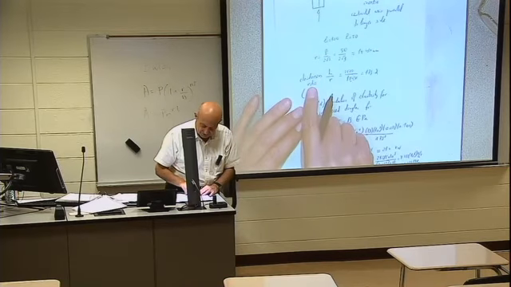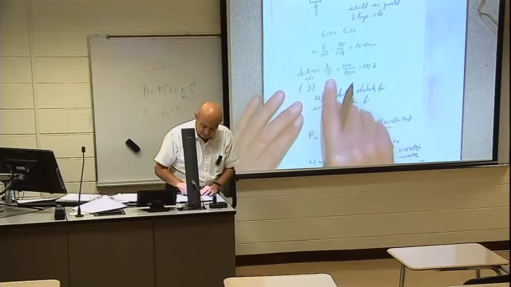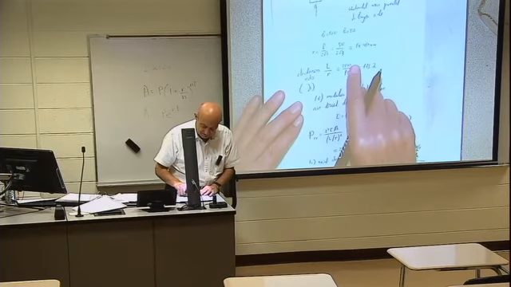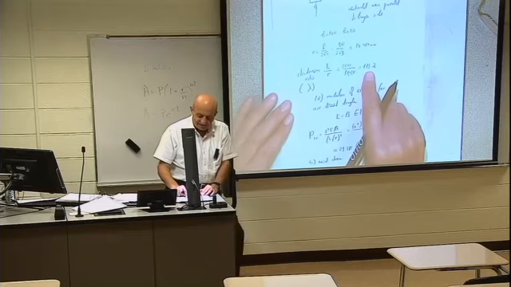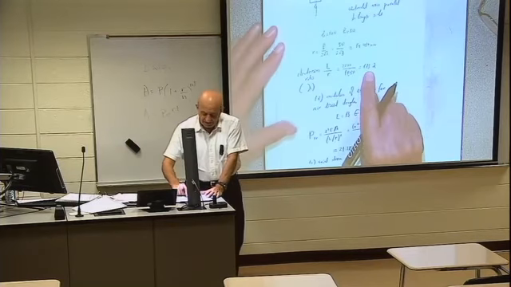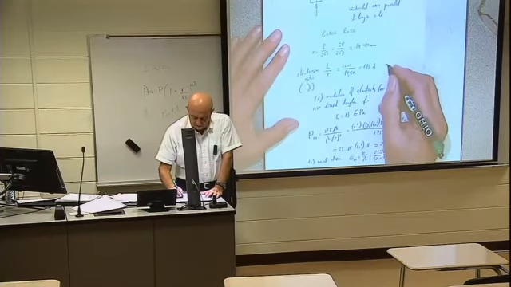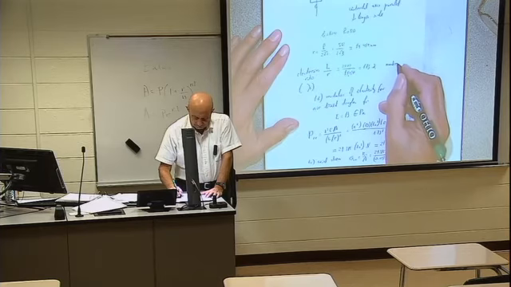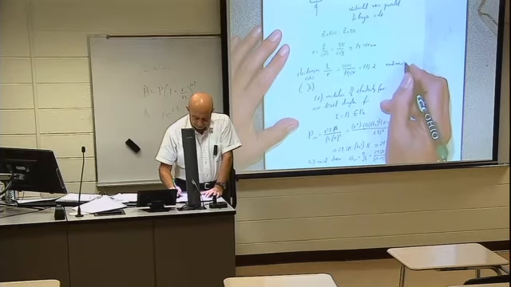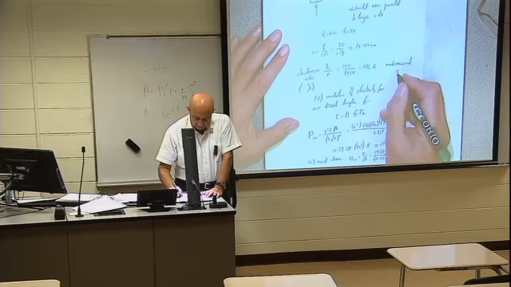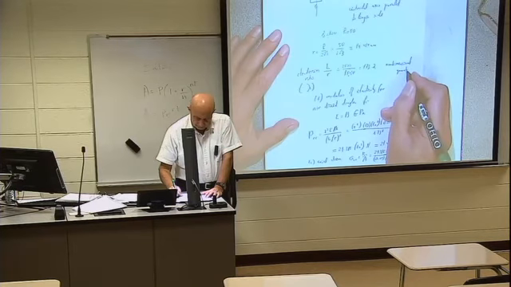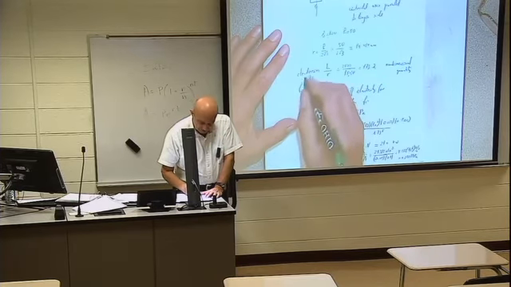Slenderness ratio, L over R equals 2,500 divided by 14.434 equals 173. So slenderness ratio is a non-dimensional quantity. It is indeed called a ratio.